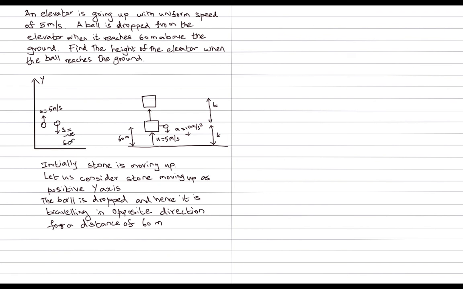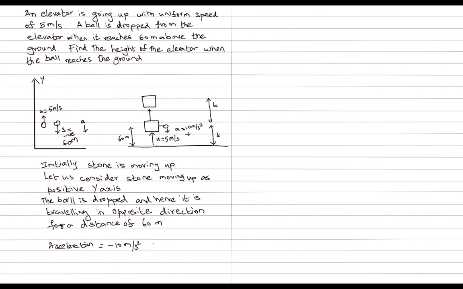So S is negative because it is traveling in the opposite direction to the upward motion, which we have taken as positive, and the acceleration is acting in the downward direction. We have considered the stone moving up as the positive y-axis, so the acceleration is negative 10 meters per second squared.